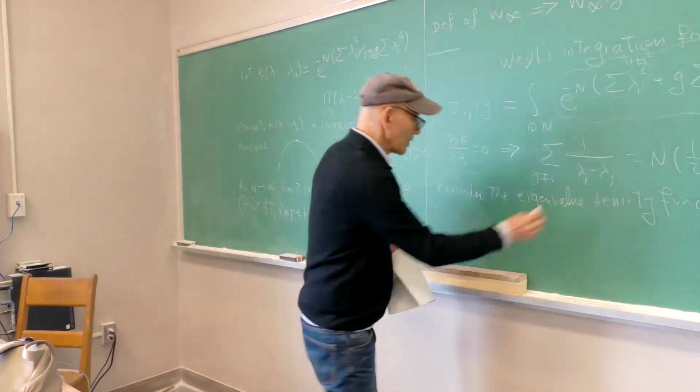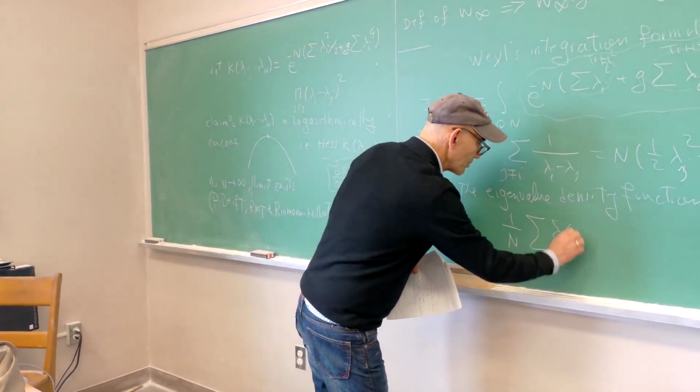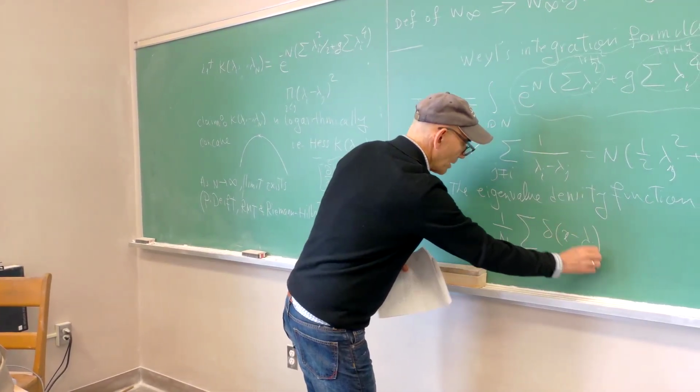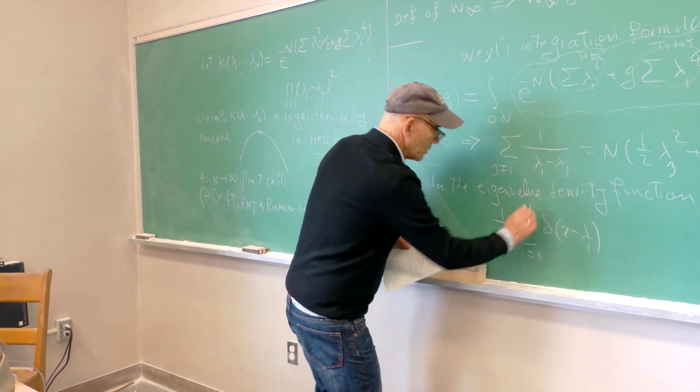The normalized eigenvalue density function, as we did before, is 1 over n times the sum of delta function x minus lambda_i, from 1 to n.